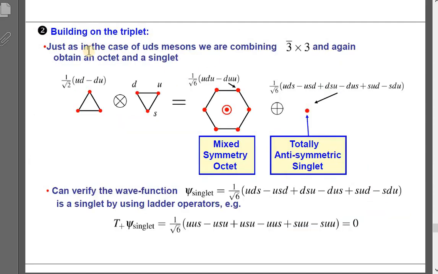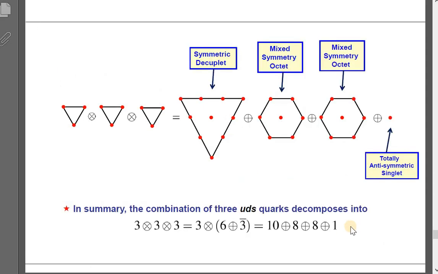The next one is building on the triplet, and this is just similar to what we have done before. And we get this mixed symmetry octet and totally antisymmetric singlet. Now you can verify that this wave function is indeed a singlet by using the ladder operators. You just apply t plus here, and you see the result is 0. So this is what we have done and what we have obtained.